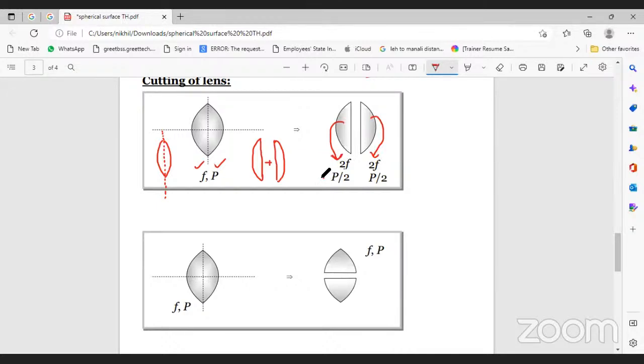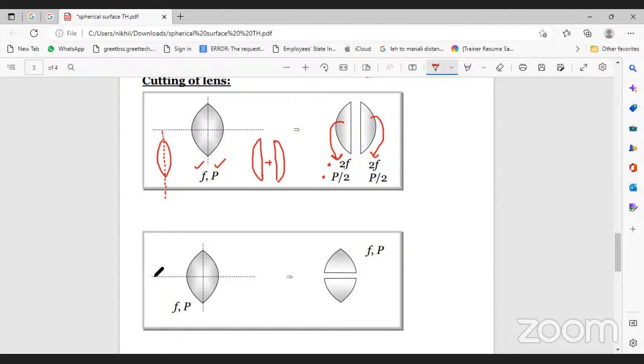But the power will reduce to half, p by 2. So if you cut the convex lens vertically, what is the focal length and the power of the single lens? Focal length becomes double, and power becomes half, p by 2.